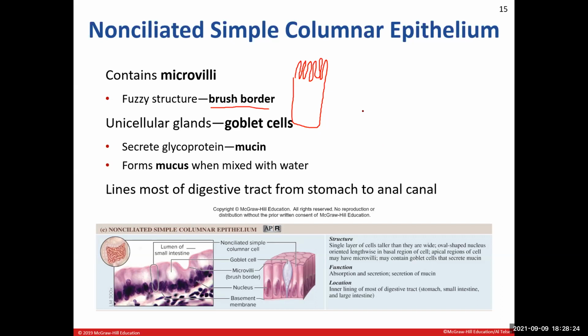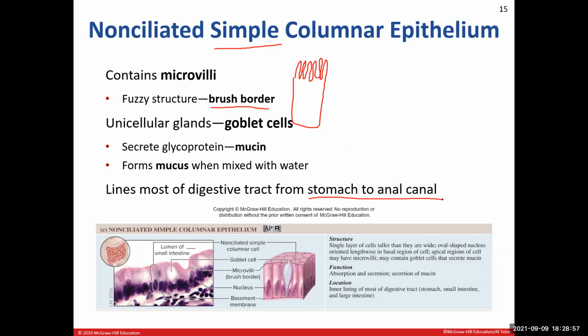When that mucin mixes with water, it turns into mucus, which is wonderful because we need mucus, especially in the digestive tract for lubrication. Remember, we're dealing with simple epithelium, a very thin layer, so we need to lubricate the heck out of it so we're not damaging that epithelium. It plays a huge role. We're going to see this epithelium from your stomach all the way down to the anus.